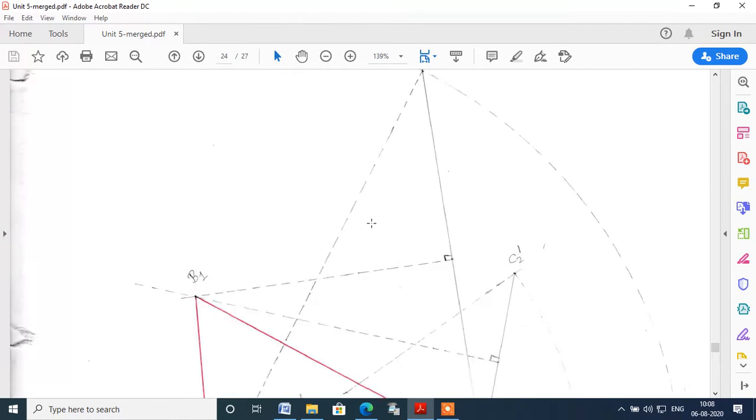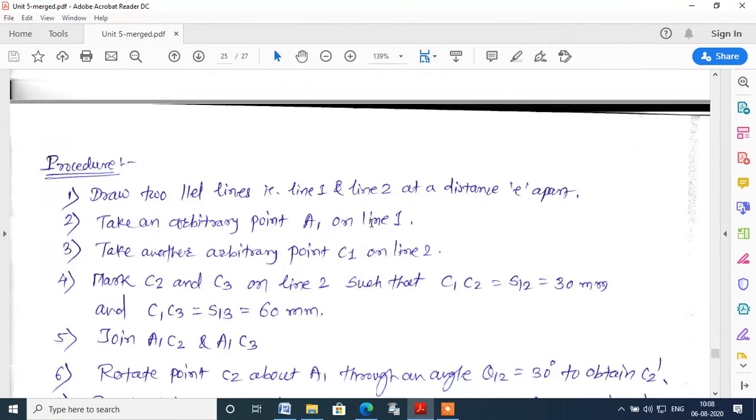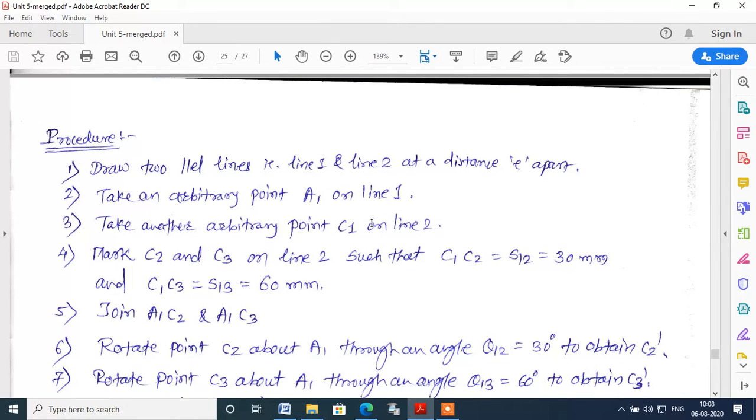Okay, now here first write down the procedure and then we will solve, on our sheet or maybe on the sketchbook. Such type of problems, that is the slider crank mechanism, we have to follow some standard procedure.